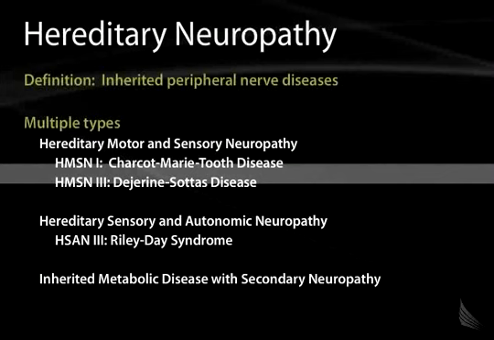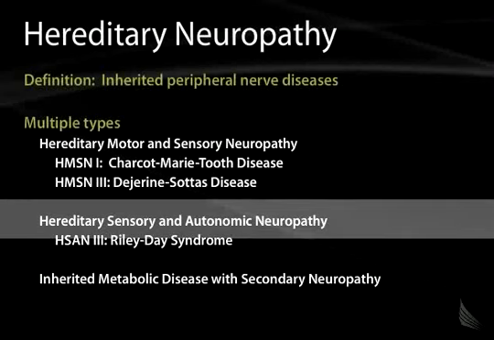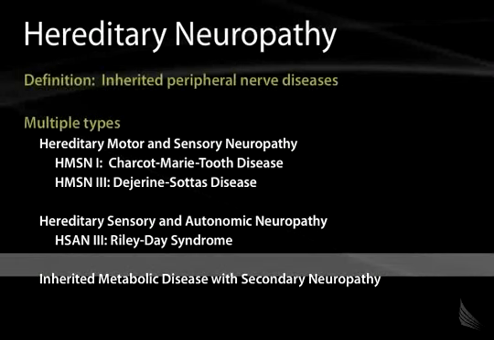Other hereditary neuropathies include Dejerine-Sottas and Riley-Day, which are not as important to remember, except for the fact that Riley-Day includes an autonomic neuropathy as well, where patients can have constipation, gastrointestinal problems, problems with body temperature regulation, as well as cardiac arrhythmias. And there are inherited metabolic diseases that can cause neuropathy secondarily to the metabolic problem.